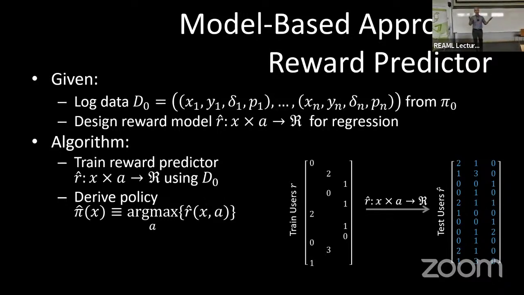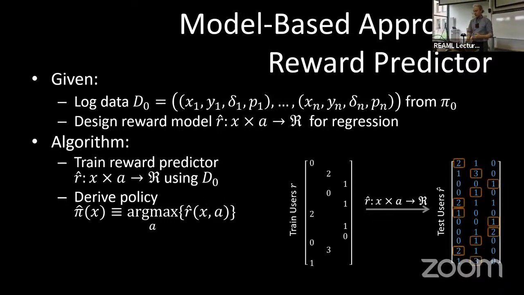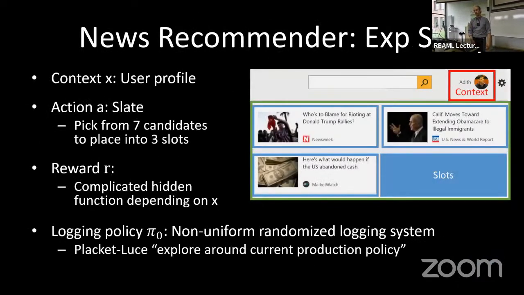Well, we just pick the action that has the largest predicted reward. Very simple. So we take a regression model, predict the rewards of all the actions, and pick the action that has the largest predicted reward. This is how we turn a predictor into a policy in a model-based way.